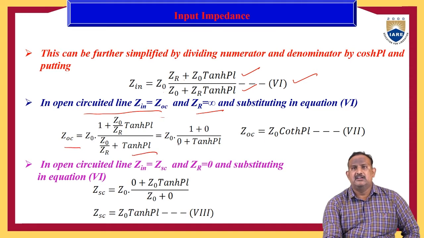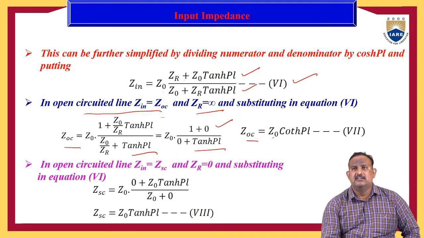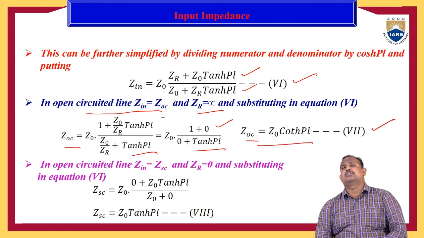Substituting Z naught by ZR, 1 by infinity is 0, so it is 1 plus 0 in the numerator, and 0 plus tan HPL in the denominator. Therefore, ZOC is equal to Z naught into cot HPL.